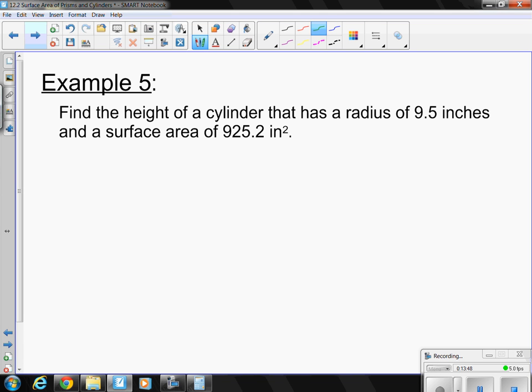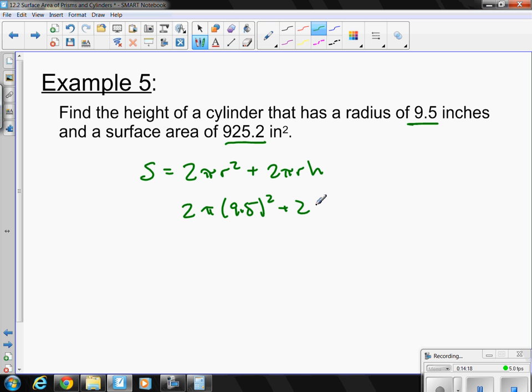Find the height of a cylinder that has a radius of 9.5 inches and a surface area of 925.2. So using the formula for the surface area of a cylinder, 2 times the base area, our base is a circle, plus the perimeter, 2 pi r, times the height, and plugging in 9.5 inches for the radius, I can solve this for h.